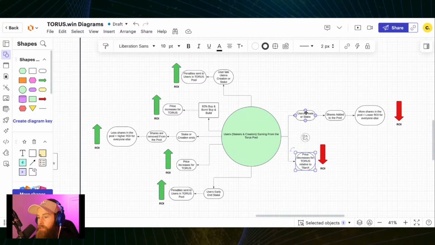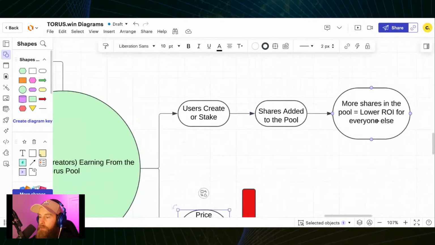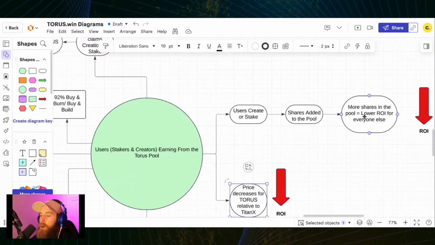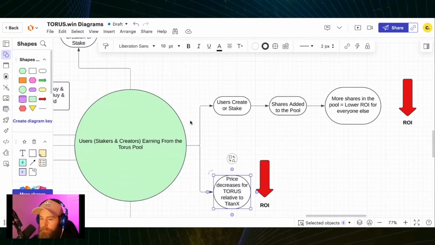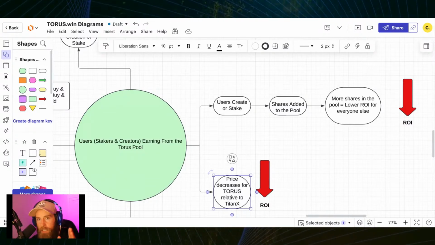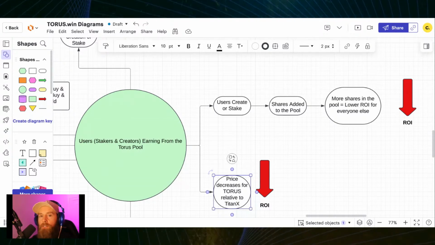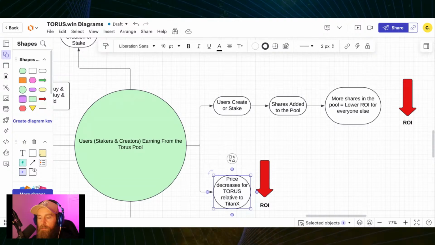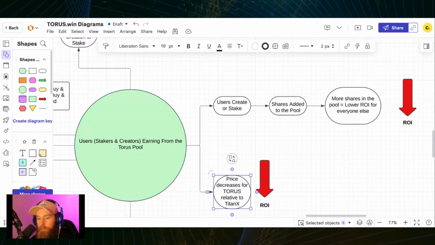So let's look at the users create or stake. Users create or stake, shares are added to the pool. More shares in the pool equals lower ROI for everyone else. But what happens is as the total value of the pool goes up, think about it like this: if you have 10 tokens and there's 10 people and they each have $1 or one share in the pool, they're each going to get $1, right?